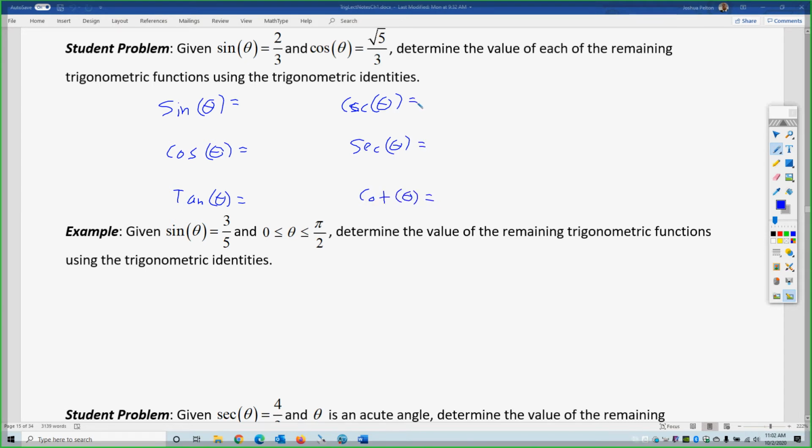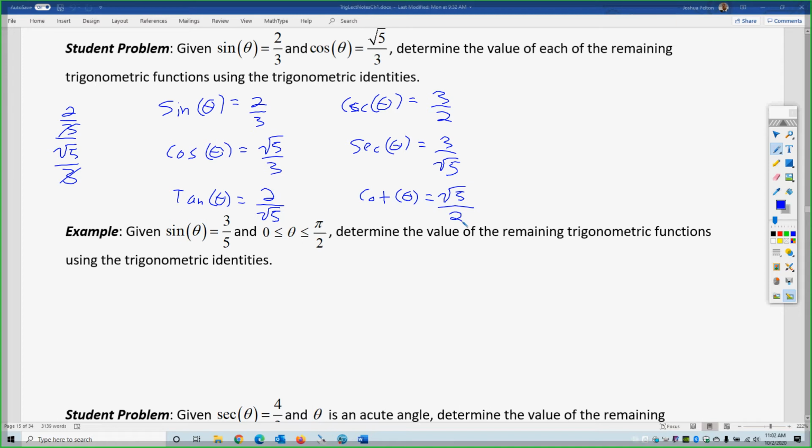Okay, so the given ones were sine is 2/3 and cosine is root 5 over 3. So the tangent is the ratio of sine and cosine, which is 2/3 over root 5/3, hence 2 over root 5. And these are all the reciprocal identities, so 3/2, 3 over root 5, and root 5 over 2.